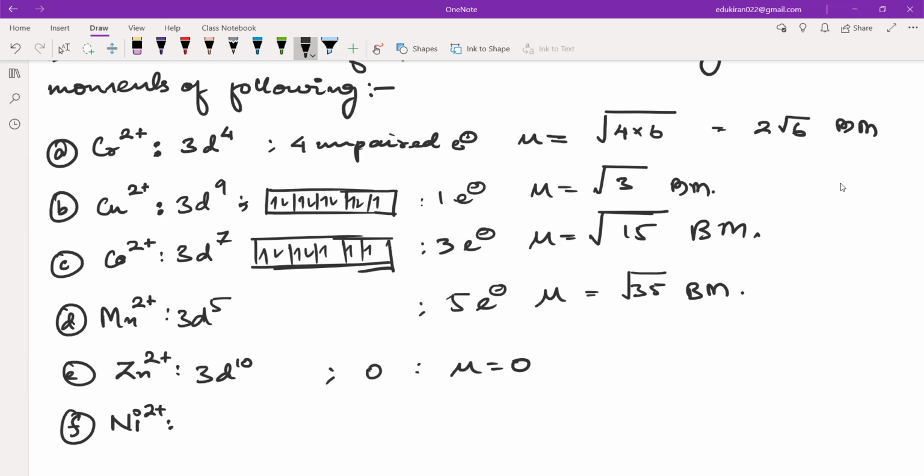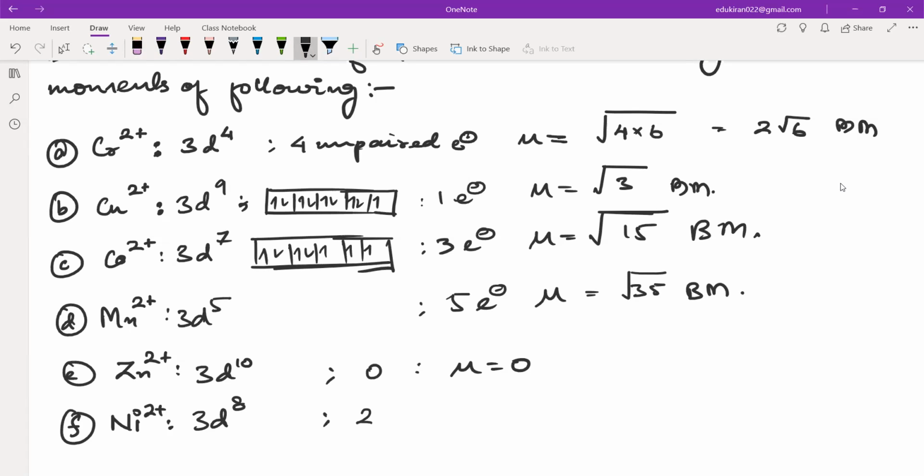Nickel. 3d8. So how many unpaired electrons? 2. 2 भाई. Odd even में मत चलिए. ठीक है. This is the d orbital, the d subshell.